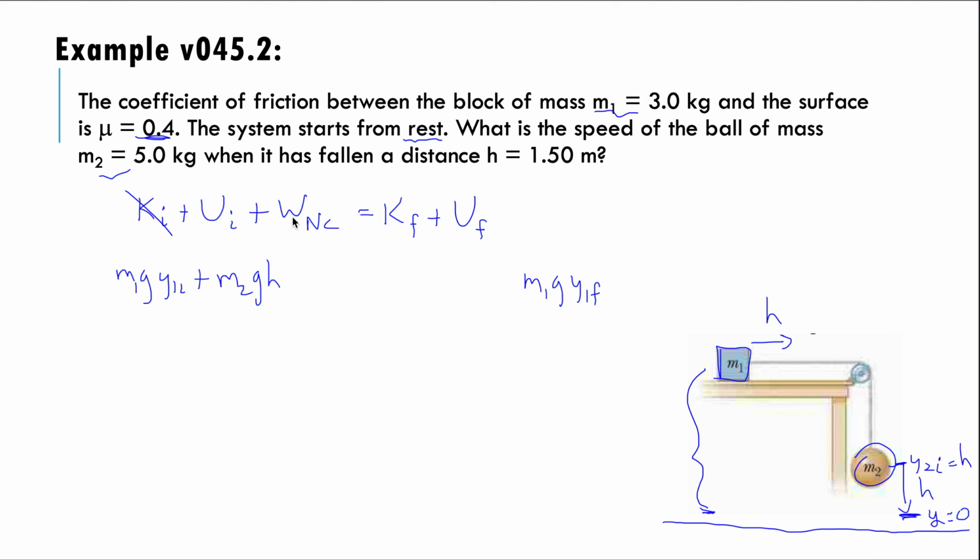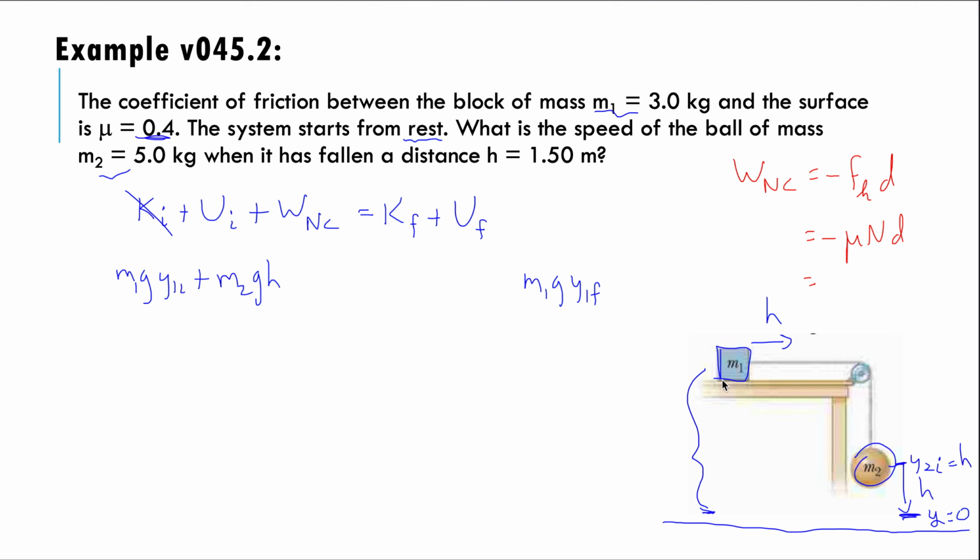And then we said that friction was going to do negative work. So let's do it on this side here. Let's find the work done by friction, which is going to be negative work. Negative f_k d was our definition. So the friction force is negative mu n times d. Now we know that the friction is only acting on mass 1.